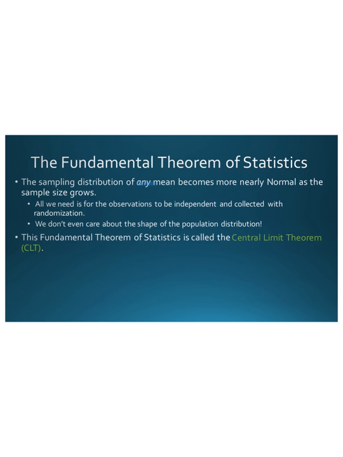All we need is for the observations to be independent of each other. Rolling each die is independent, and the random numbers are independent and collected with randomization. We don't even care about the shape of the population distribution. This is the fundamental theorem of statistics, called the central limit theorem, or the CLT.